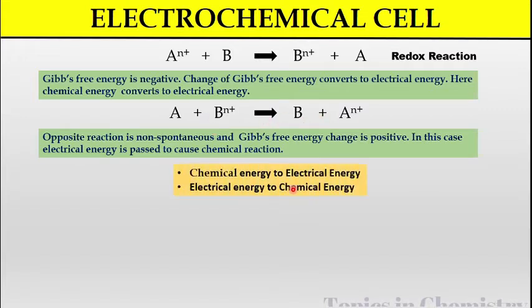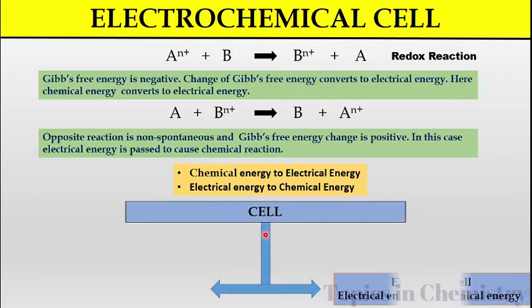Therefore, there are two types of conversion. In the first case, chemical energy converts to electrical energy, but here electrical energy converts to chemical energy. So two types of reaction may occur in a cell. That's why cells are of two types.